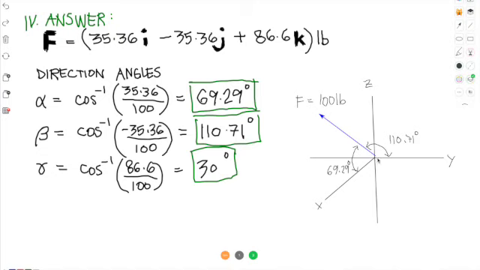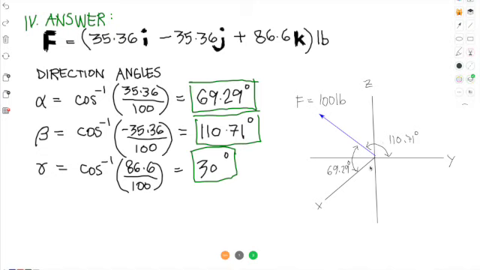Okay, so notice here that if it goes the negative direction of y, it will cross more than 90 degrees. That's why we got here 110.71, and you can observe that by having a negative, going the negative direction for that particular component.